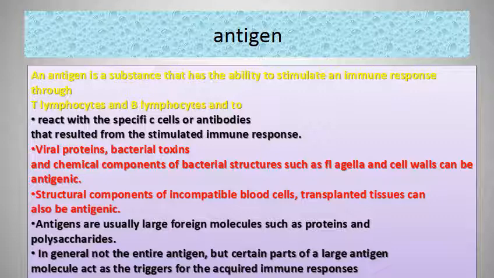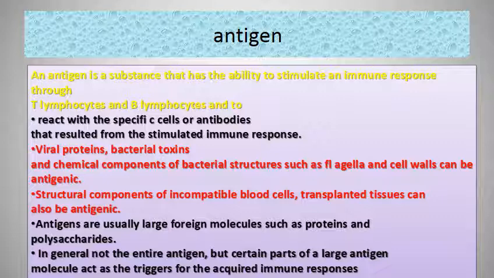Examples of antigens: viral proteins, bacterial toxins, chemical components of bacterial structure like flagella and cell walls. They are all antigenic. Structural components of incompatible blood cells, okay, during transfusion the plasma membrane, and transplanted tissues can be antigenic.